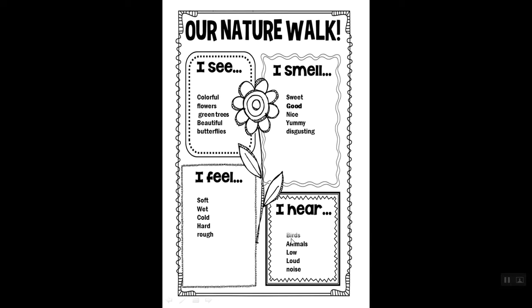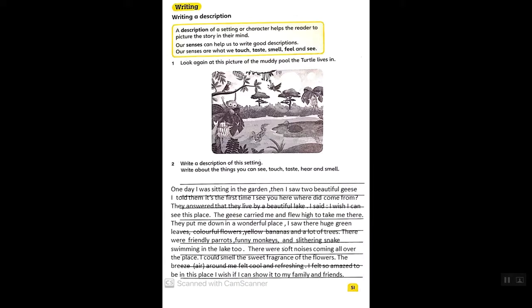What can you hear too? You can hear birds, animals, lion roars, birds tweeting. You can hear low noises, loud sounds or voices, noise generally. So that's how you can start to describe the things in your place, in your setting, everything around you.